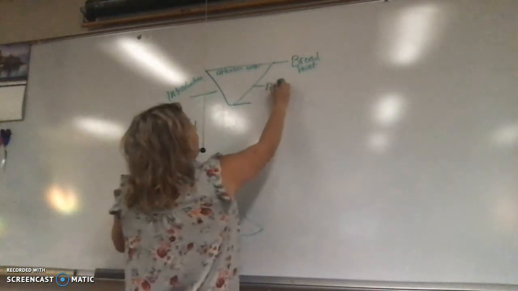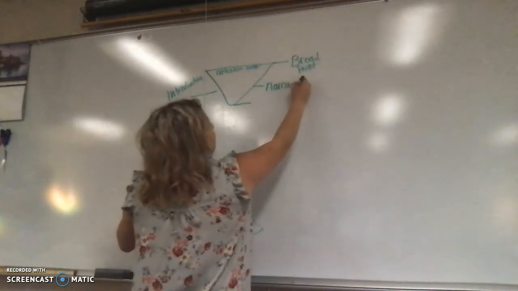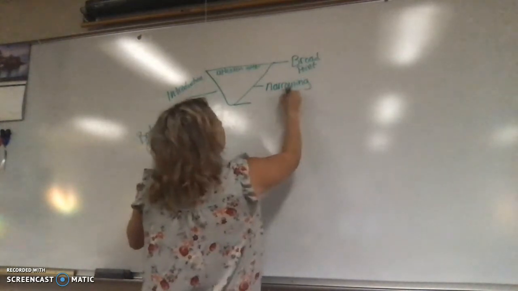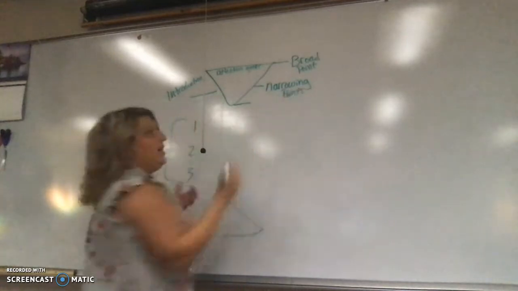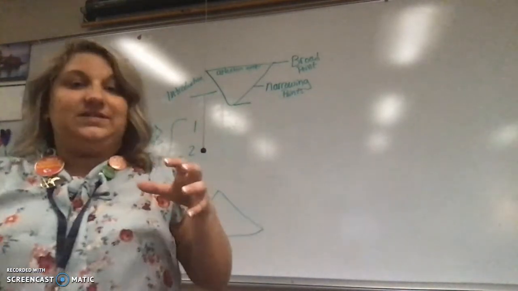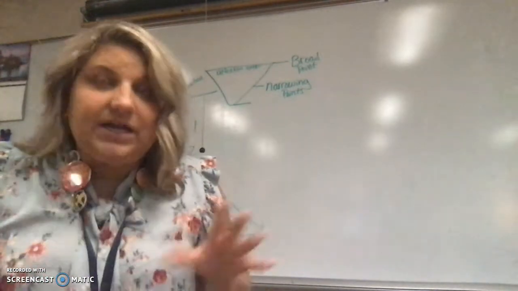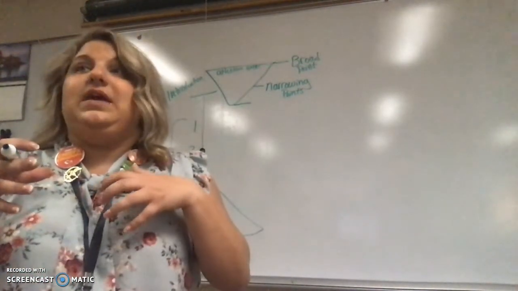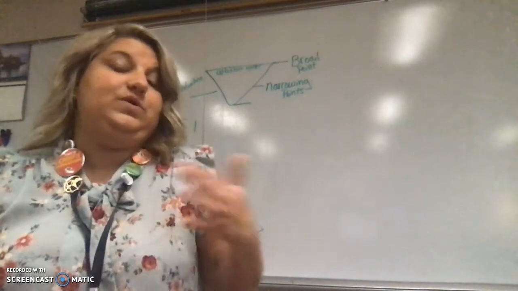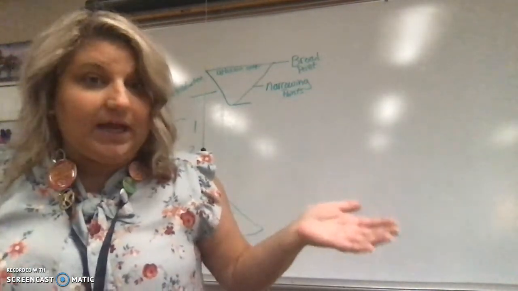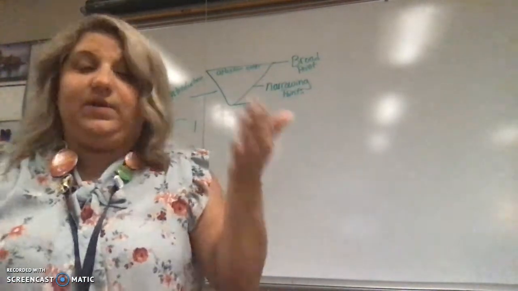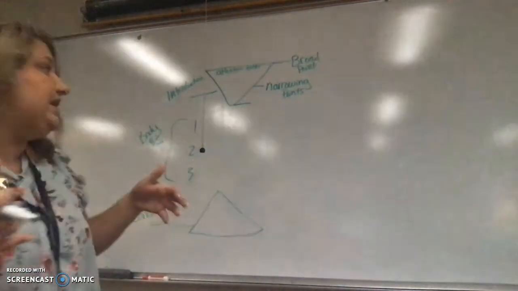Your middle part here is called your narrowing points, and this is where you are introducing your topic. If it's a literary analysis, you may need to introduce the text you're going to be talking about. If it's a personal narrative, this is where you give your background information so people can learn about you before they read this paper and get a better understanding.